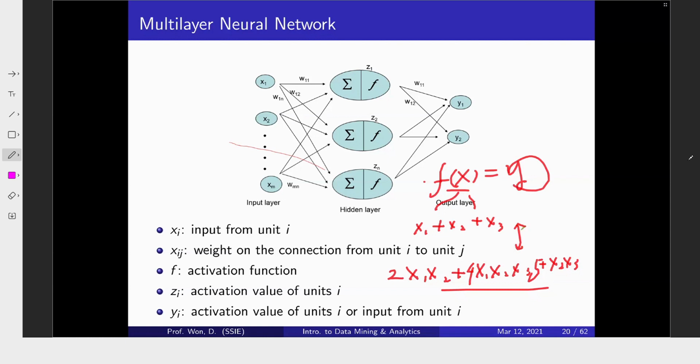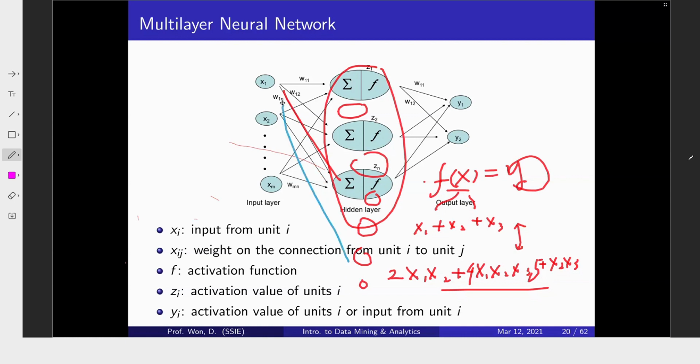Then the degree of complication is directly related to the number of neurons. If we have more neurons here, then we have more weights connected to these neurons, and so more variables in the equation.